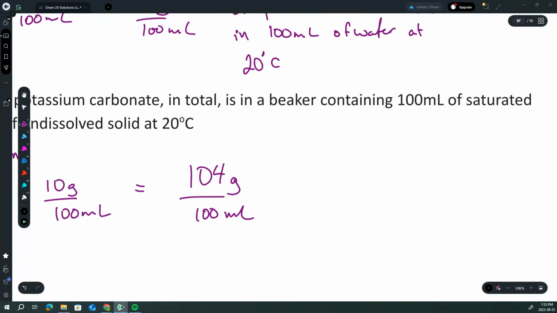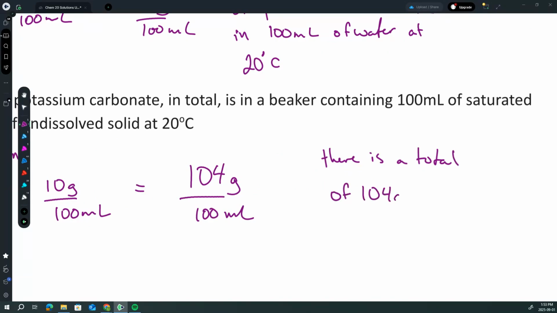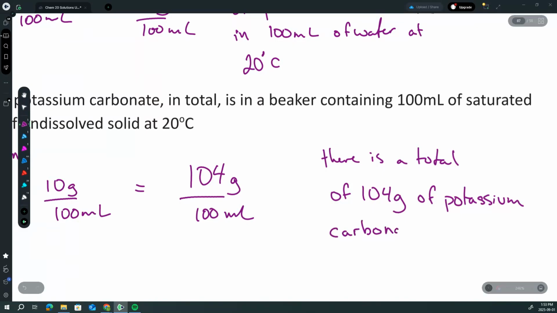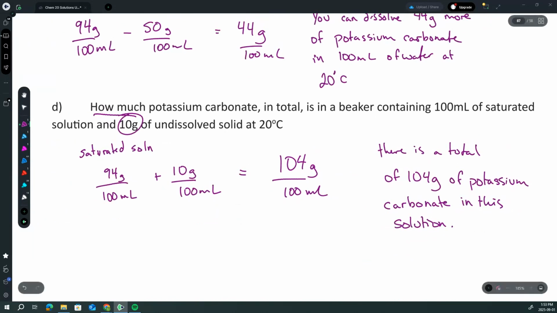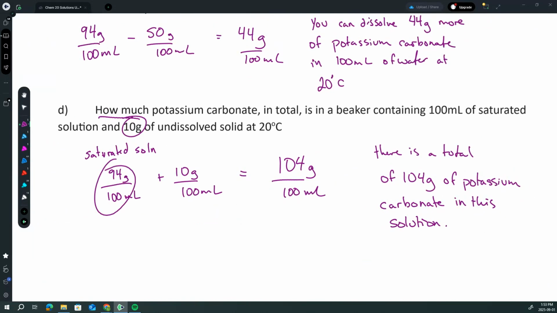So there is a total of 104 grams of potassium carbonate in this solution. That should be a small c. Now, why did we start off with the saturated solution part?